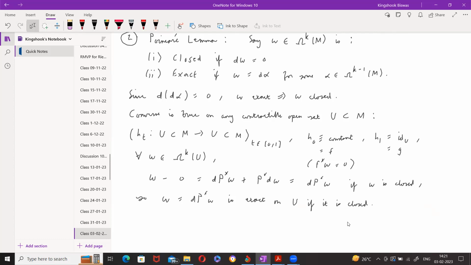Fine. So what does that mean? That means that if omega is closed, that will imply that on any ball which is contractible, right, omega will be exact on any ball. So therefore, omega will be locally exact, right? Omega is locally exact.